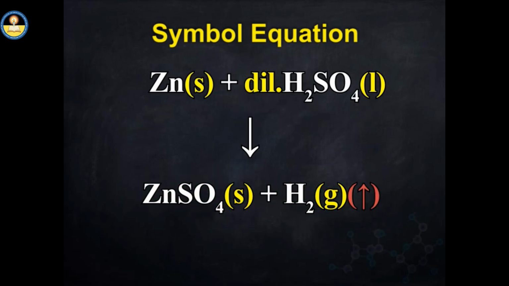The symbol (l) means liquid and (s) means solid. Abbreviations like dil or conc indicate the dilution or concentration of acids. An arrow after the formula of a substance pointing upwards indicates that the substance is in gaseous state and is coming out of the reaction vessel.